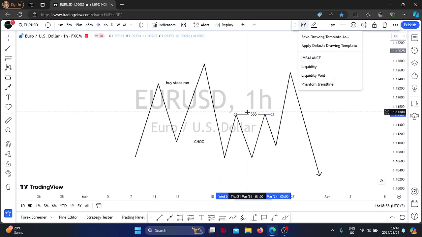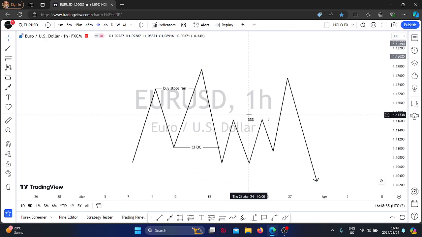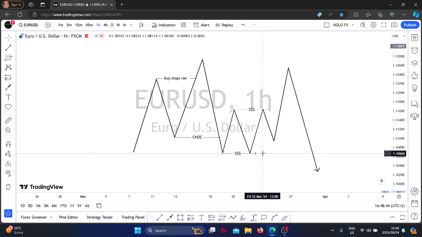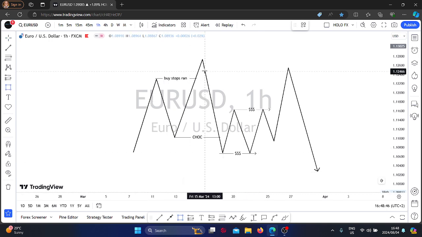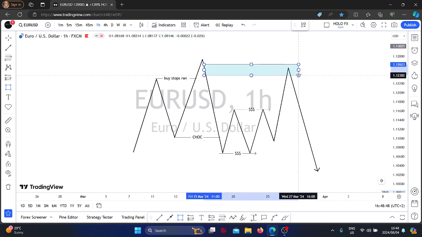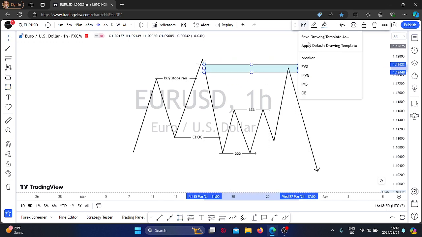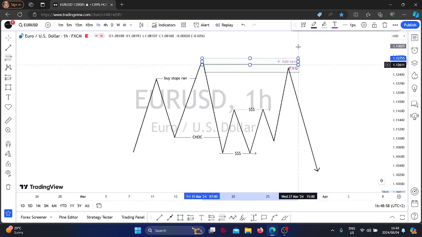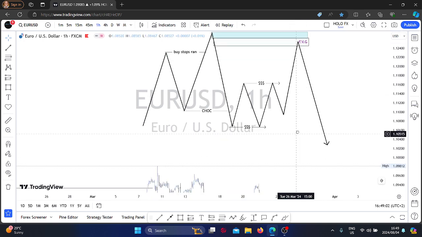We also have liquidity on the downside, right? So somewhere here, either a fair value gap or an order block.